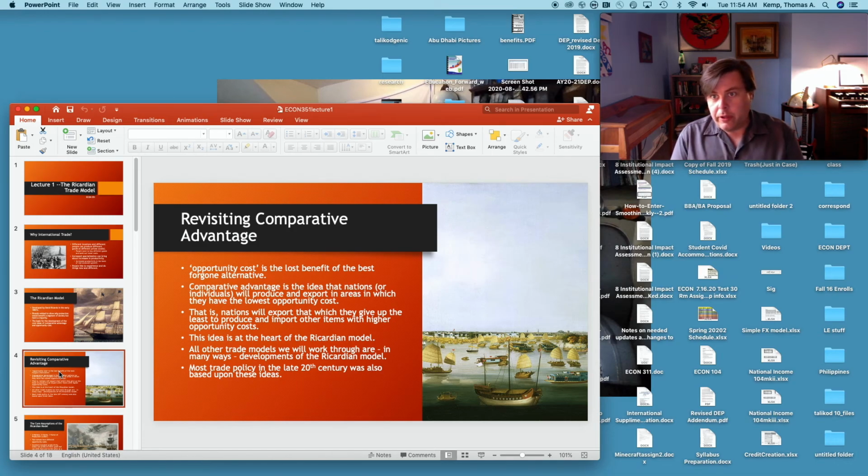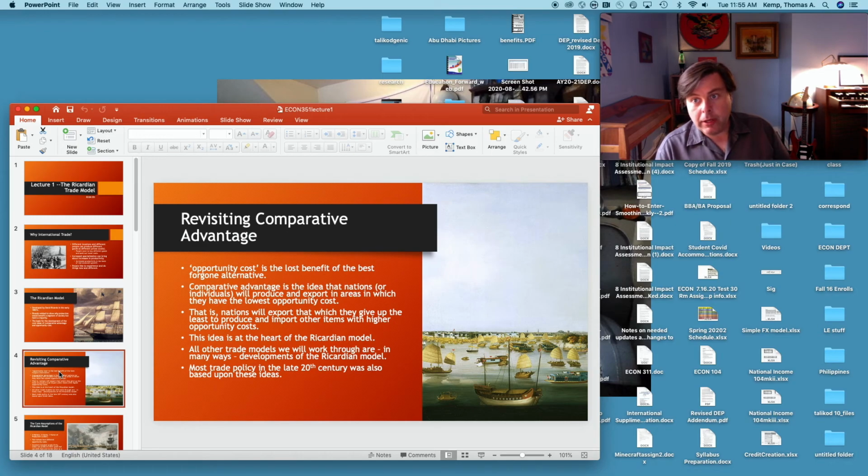So here we see the definition of opportunity cost given again, right? So familiar. And comparative advantage, which is structured right on top of that, is that if different nations can produce items at different costs, and we just talked about why that might be, it might be that they have different resources, or different types of capital available.